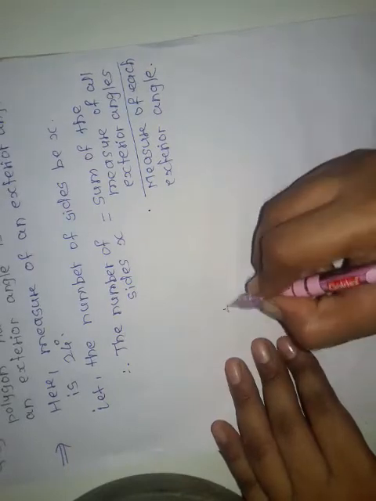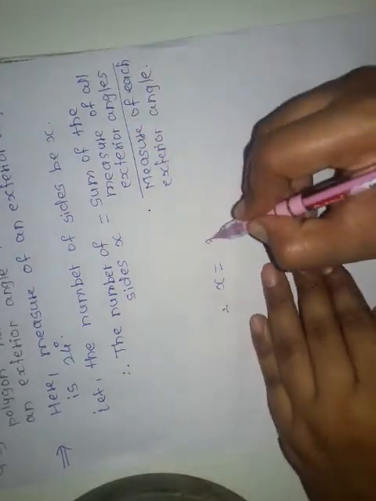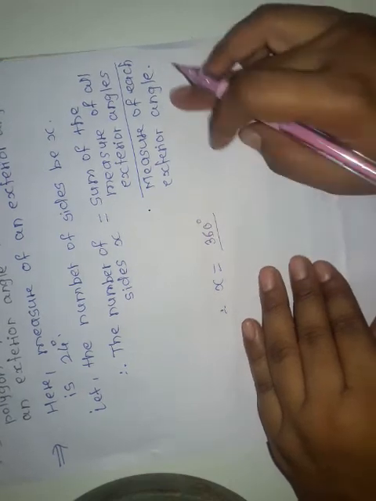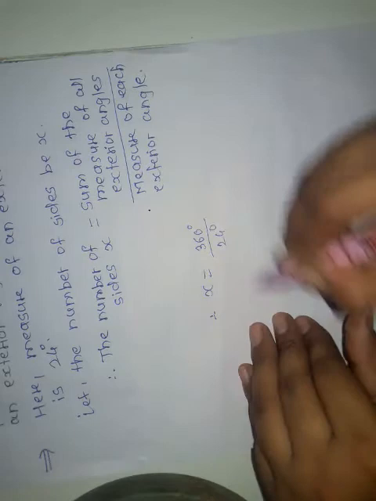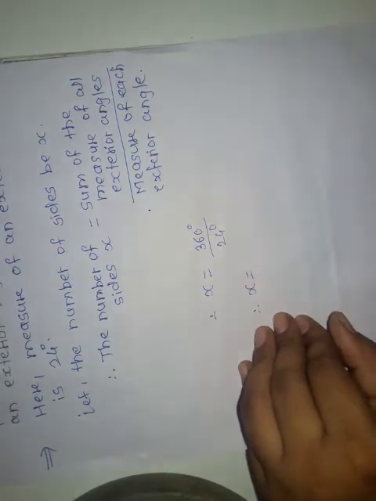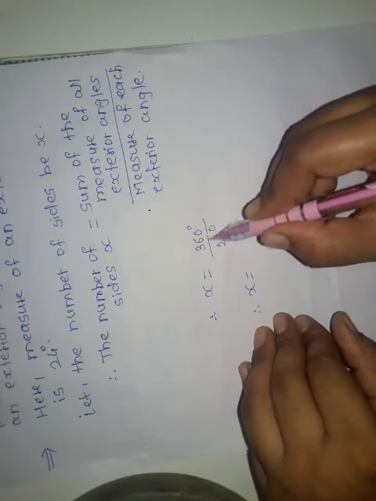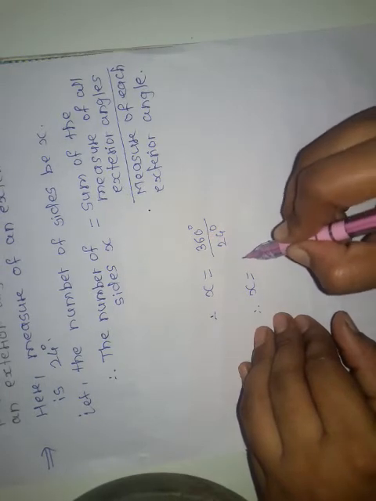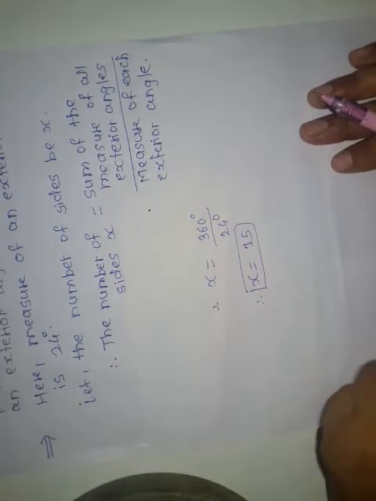So x is equal to what? The sum of the measures of all exterior angles is 360 degrees, upon the measure of each exterior angle, which is given as 24 degrees. Dividing 360 degrees by 24 degrees, we get 15. So the polygon has 15 sides.